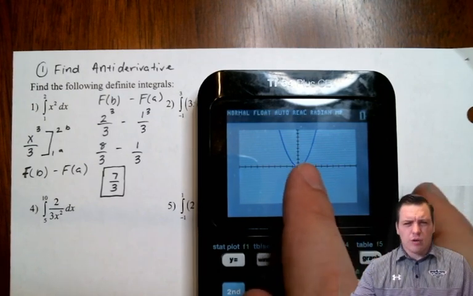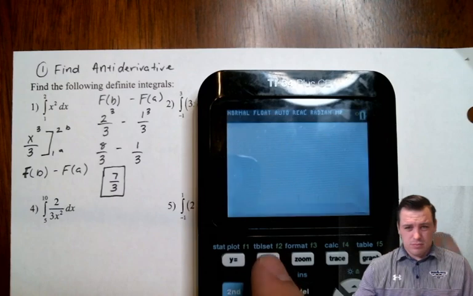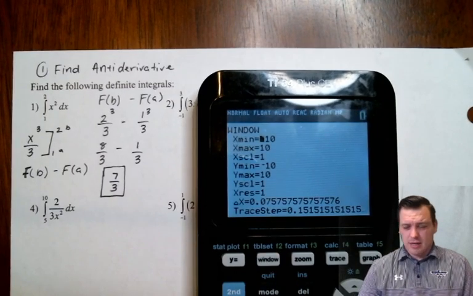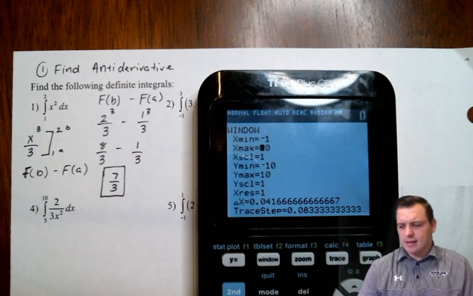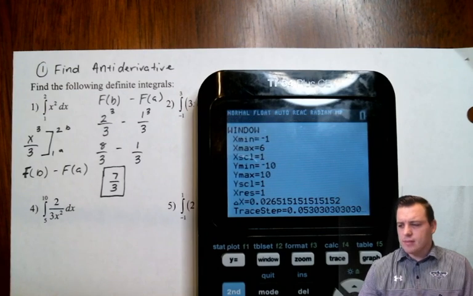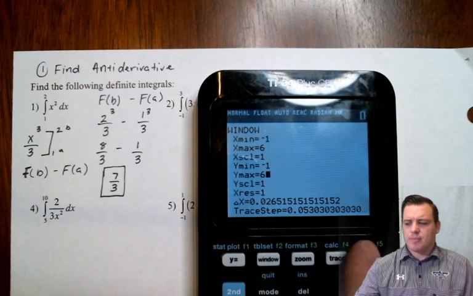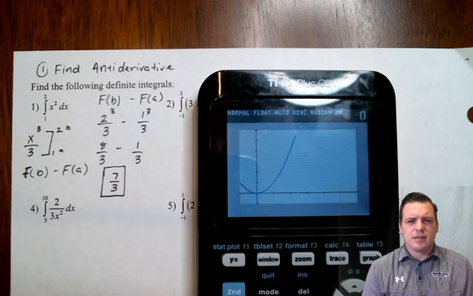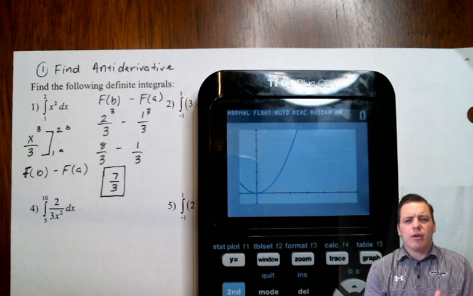Let's get the window closer here. So I'm going to hit window. I'm going to change my x-min to like -1, change my x-max to like, I don't know, 6, go up by 1. Y-min, I can take that to like -1, y-max like 6. Okay? So then I graph and I'm seeing something like this right here. Now here's what I want to find.